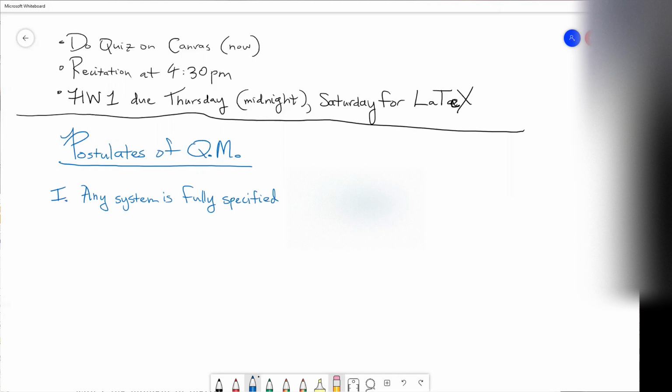And we saw last time that this is true up to a phase. So if you multiply the vector by some complex phase, then that doesn't change any of the physics. So you could take e to the i alpha, multiply it by phi, and that's still the same state. That's still the full specification of the system.